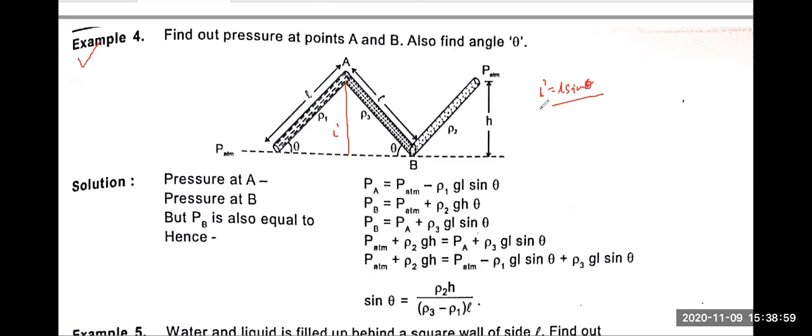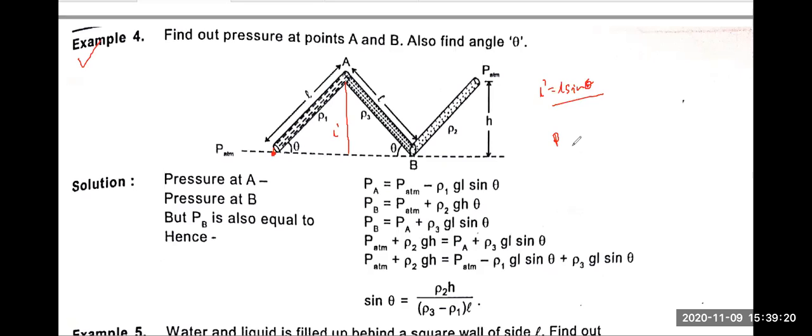Okay. Now suppose the pressure over here is PATM. It is given the pressure is PATM. What would be the pressure at A? Just try to find the pressure at this point.